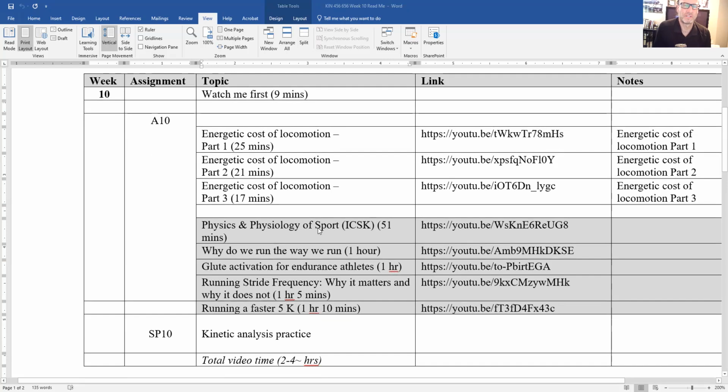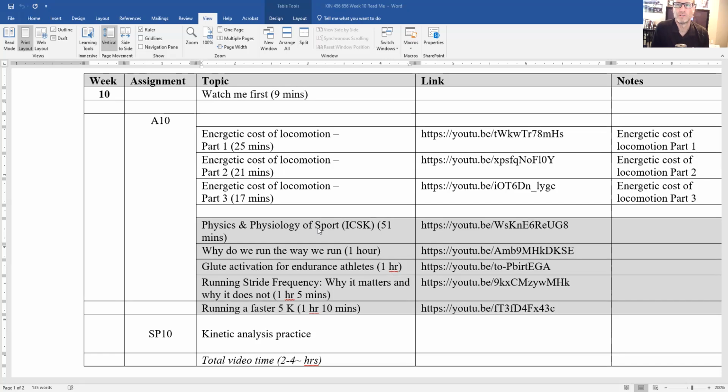So I have a presentation here I did for the International Conference for Students in Kinesiology. I did a presentation on physics and physiology of sport, focusing in on swim, bike, and run. And again, I blend the physiology and mechanics in that presentation, plus a little bit of motor control, motor coordination. And I talk about why we run the way we run.